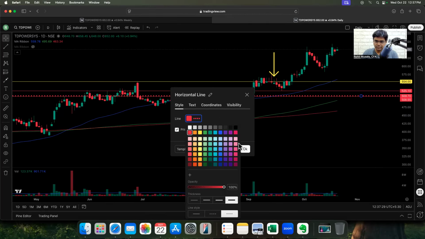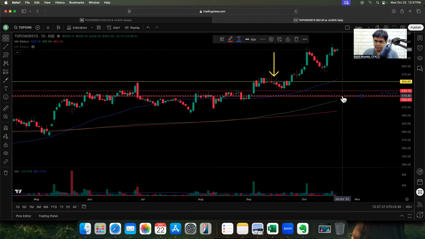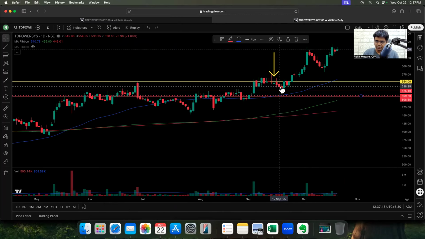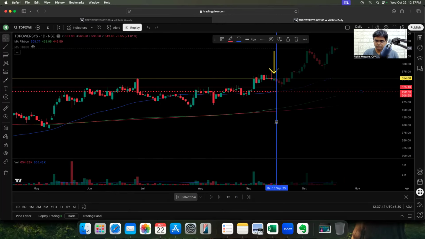Now you will see that dotted red line, that's her real stop loss. And this is the alert. She's saying her stop loss was not hit, so she decided to hold on to the position. She took that risk. When this day closed, let me show you.